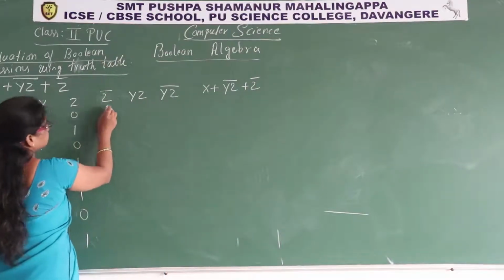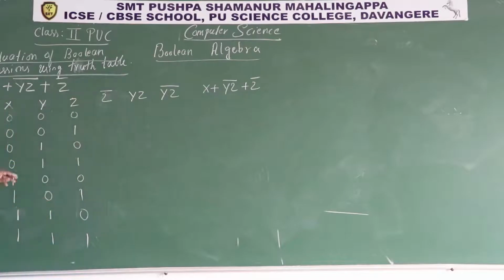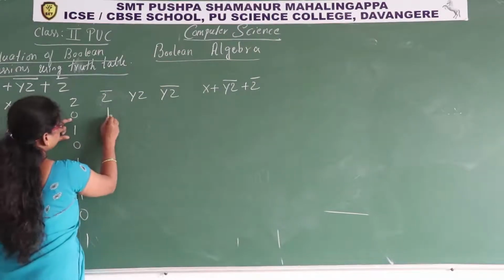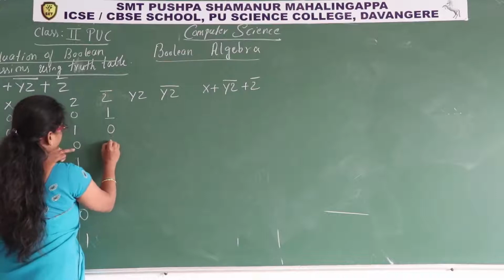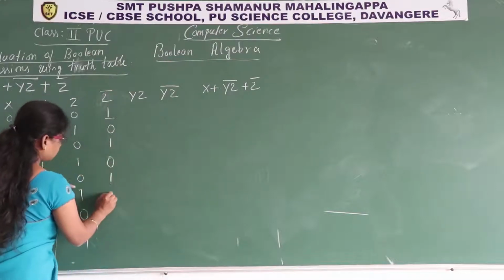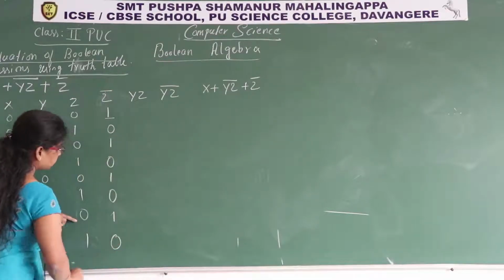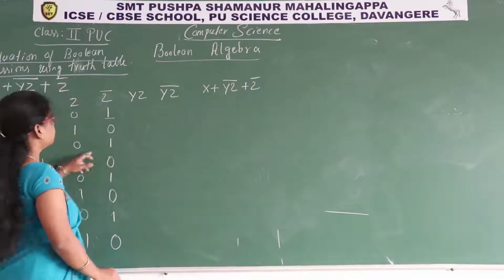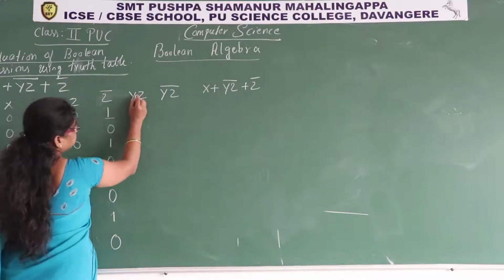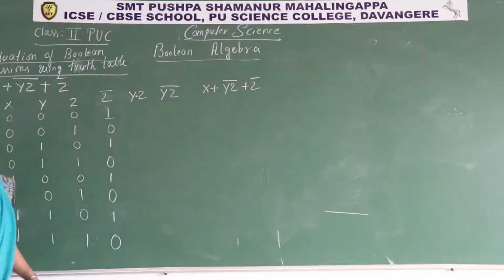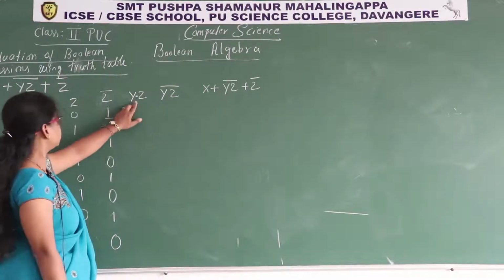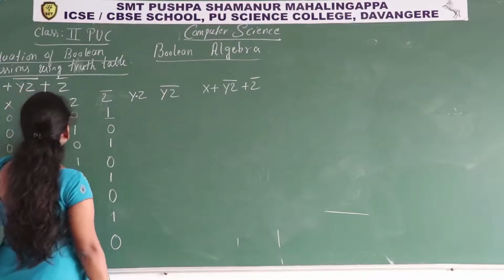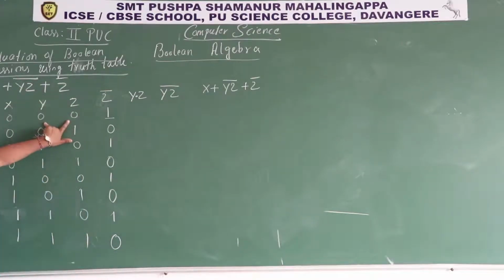Now z bar means it's a complement rule. If it is 0, we have to replace it by 1: 1, 0, 1, 0, 1, 0, 1, 0. Now yz, nothing is there here, it means dot operator, it is an AND operator, logical AND operation, that is logical multiplication. If there are 2 inputs, I must apply AND operation between these 2 variables.